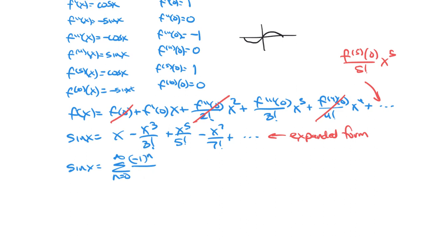In this case, to make this work, we just add 1. So it's going to be (2n plus 1) factorial times x to the 2n plus 1. And that is sigma notation for the sine function. And these are equivalent, of course. You start plugging in 0, 1, 2, and this will come out. And so those are the two forms for the sine function.